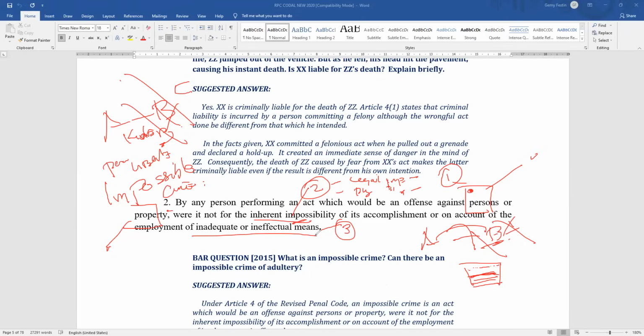Of course, there's number 4, which is not included in the codal provision.